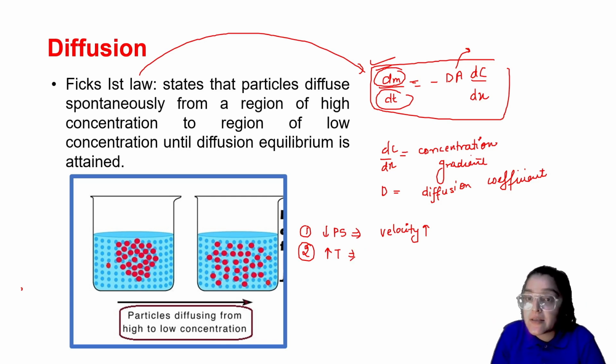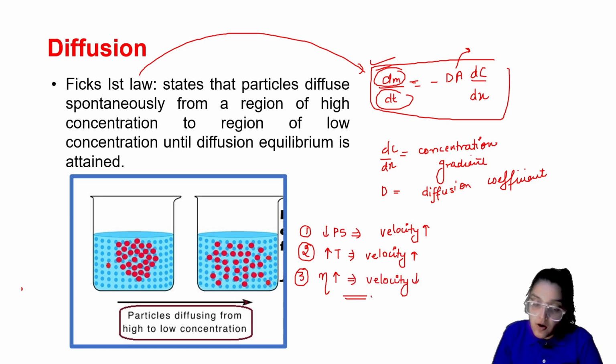So with an increase in temperature, the velocity is going to increase definitely. Now third is the viscosity. With the increase in the viscosity, the velocity is going to reduce. Alright, these are the three main rules of diffusion, right?